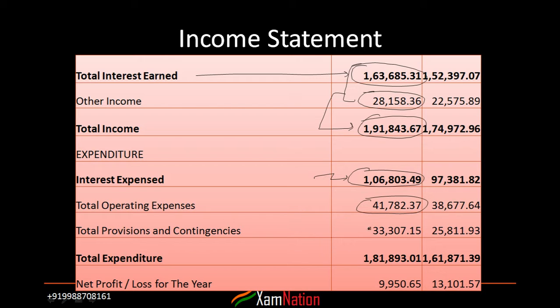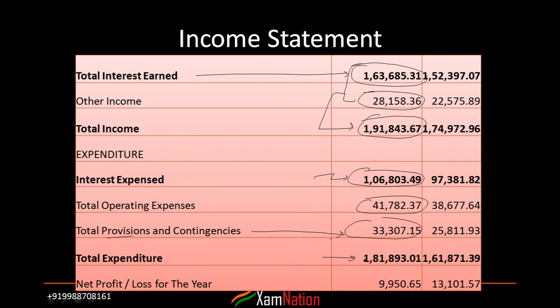Then total provisions and contingencies: all the taxes, depreciation, and provisions for bad loans come under this. I will cover provisions for bad loans in a different video. So this is the total expenditure for the bank.